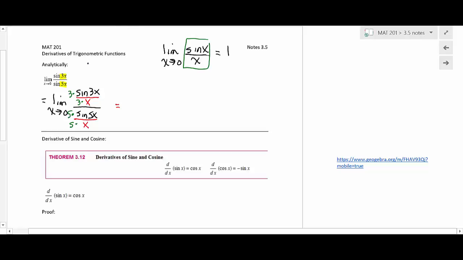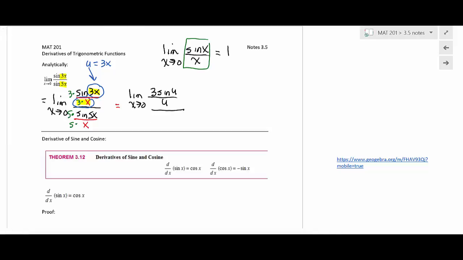Let's let u be 3x. Where we see that 3x, we're going to call that u. So those things are going to get changed to u like that. You want to substitute these 2 things that I highlighted and just change those to u. So what you would have is the limit, x goes to 0. Now you would have 3 sine u over u like that. Does everybody follow that?